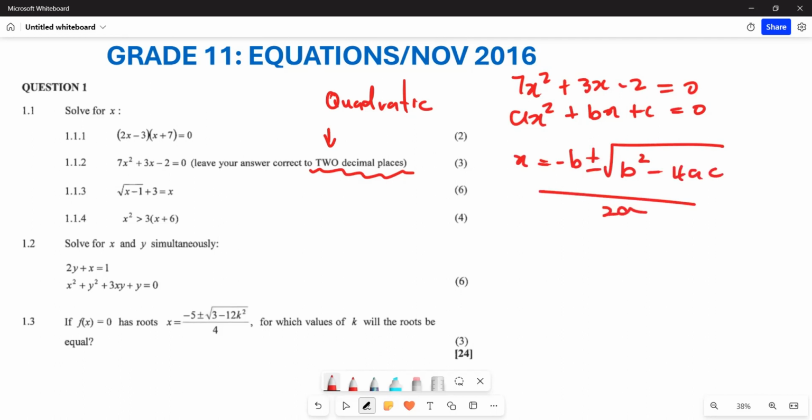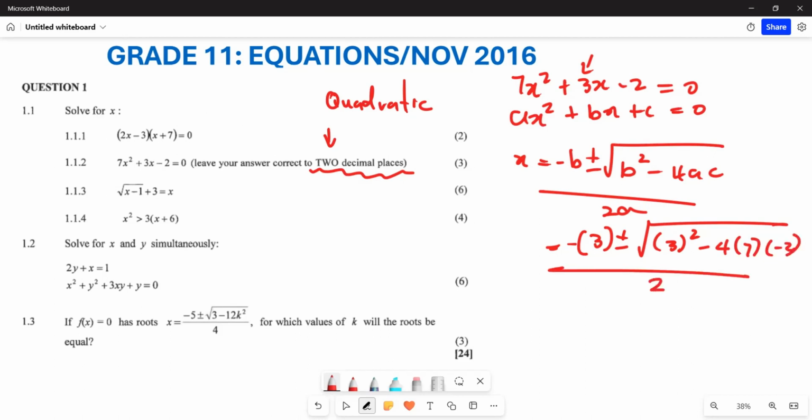Your value of b is 3, so this is negative 3 plus or minus the square root of 3 squared subtract 4 times a, which is 7, and c is negative 2, divided by 2 times 7.